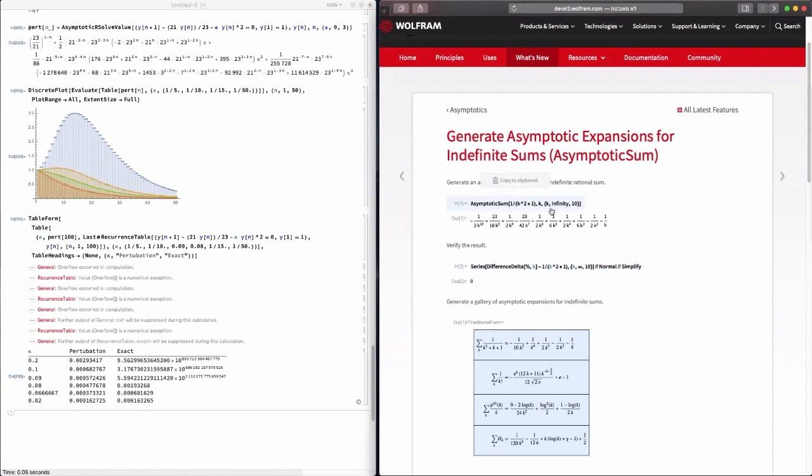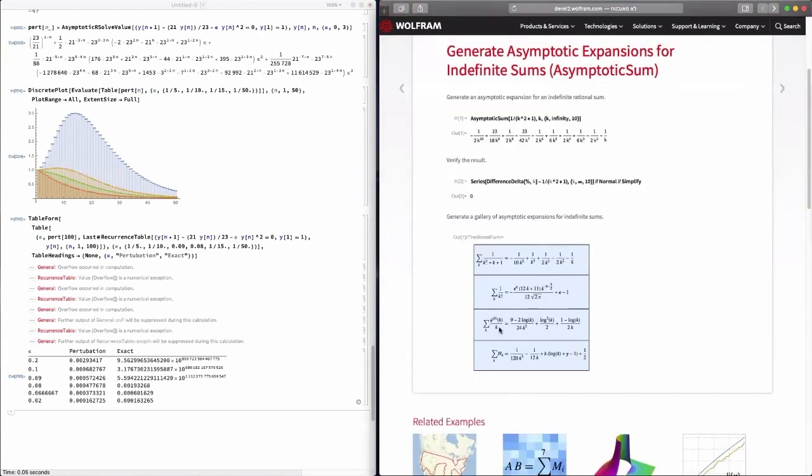We have a sum, and this is an indefinite sum here. So we have an arbitrary constant of summation. We're going to sum in k, we're going to expand about infinity, and we're going to ask for 10 terms. So there's the largest term, and then ever smaller terms because we're expanding at infinity.